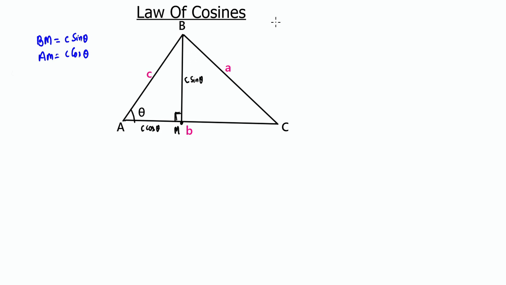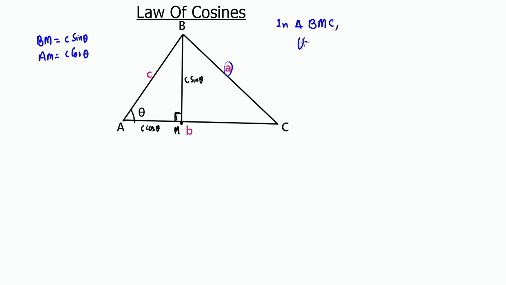Now in the right angle triangle BMC, BC is the hypotenuse and BM and MC are the legs. So we can apply the Pythagoras theorem here to find the side a.